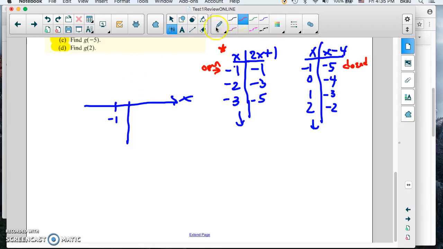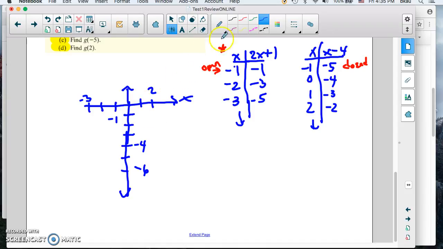So let's try doing that, because I don't see any positive answers here, so it's just going to be down here in these values. 1, 2, 3, 4, 5, 6. It doesn't go any lower than that that I see right now in the chart. Okay, so let's graph these. We're going to go -1, -2, -3, and then 0, 1, 2.